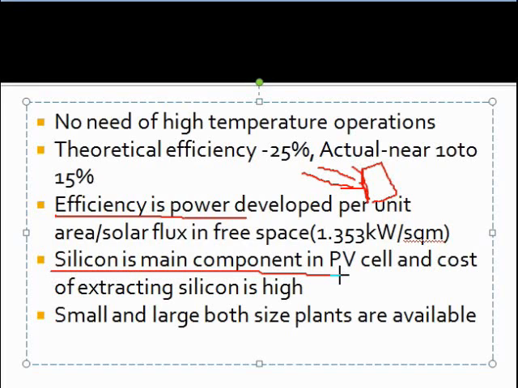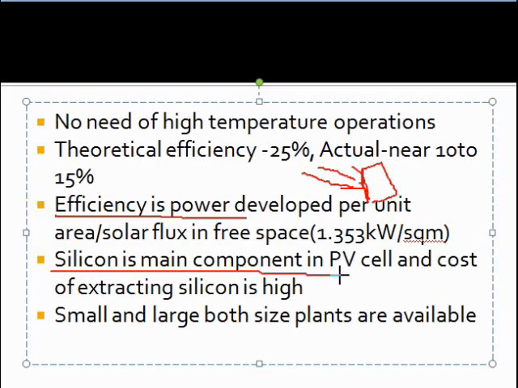So that is why silicon is preferred, but there are many other organic materials and some other materials which can act as a semiconductor material and can be used. Silicon is also one semiconducting material.